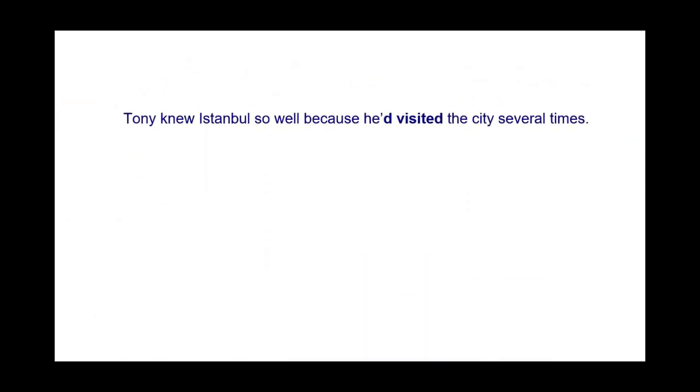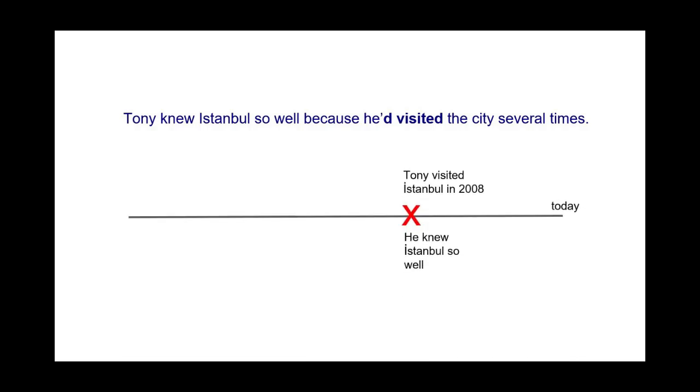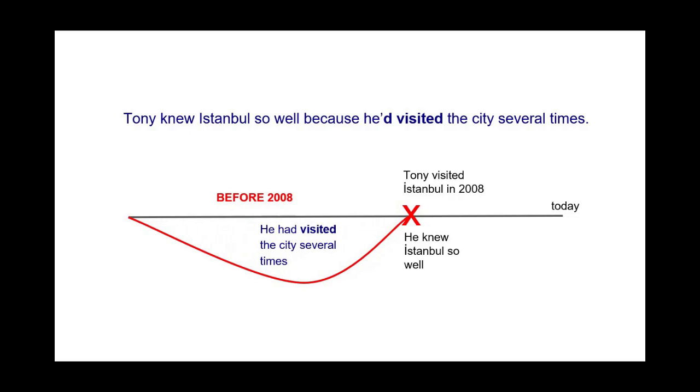Let's analyze one of the sentences from our examples now. Tony knew Istanbul so well because he'd visited the city several times. Okay, let's say Tony visited Istanbul in 2008, and in that year he knew Istanbul so well. Why? Because he had visited the city several times.